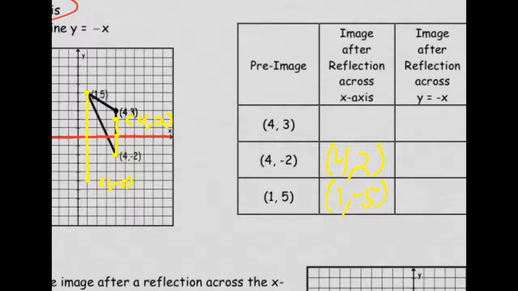What do you think my 4, 3 is going to end up being? 4, -3. So whenever I reflect something around the x-axis, the y changes. So it's kind of the opposite, right?